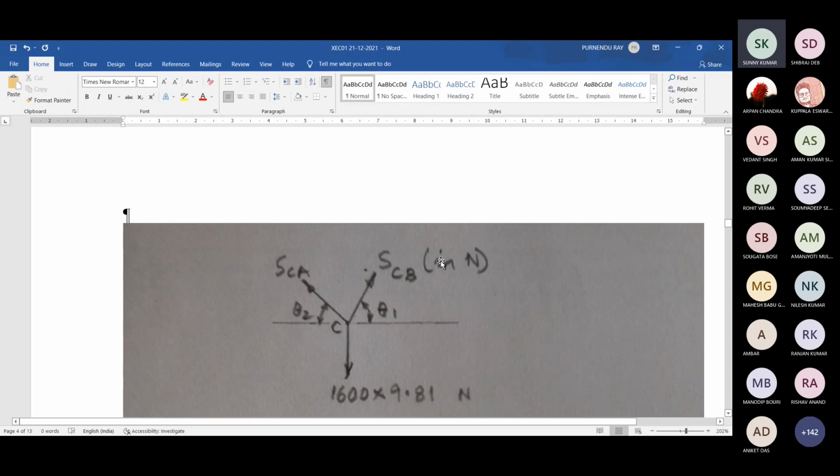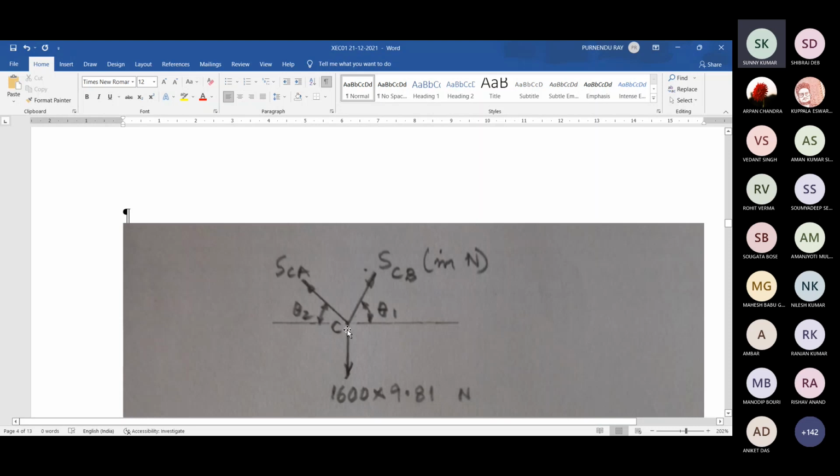Then tan theta 1 is 960 divided by 400, and tan theta 2 is 960 divided by 1100.